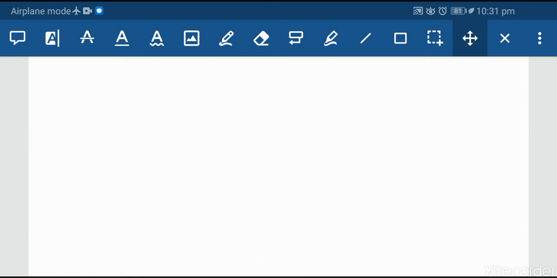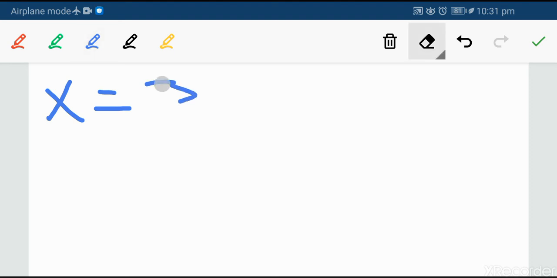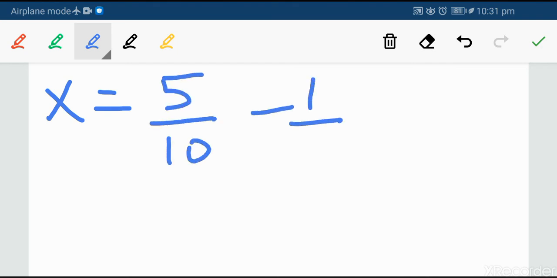So now move to this question and we will be solving this. Okay, so x here is 5/10 minus 1/5. That is what z is getting, but he will be getting only half from this man.